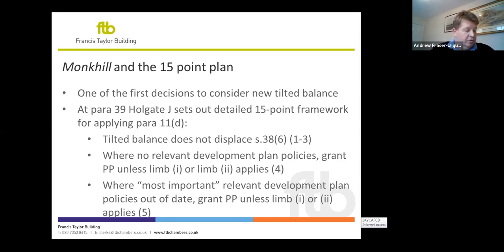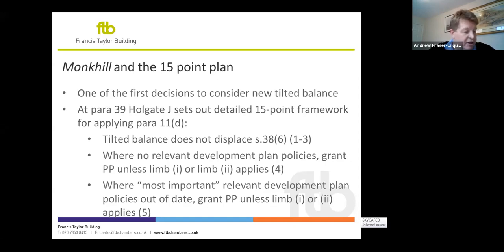Now, the argument that was put forward was that the language which applies to protect AONBs did not mandate that permission be refused, or it did not even suggest that permission be refused unless exceptional circumstances prevailed.